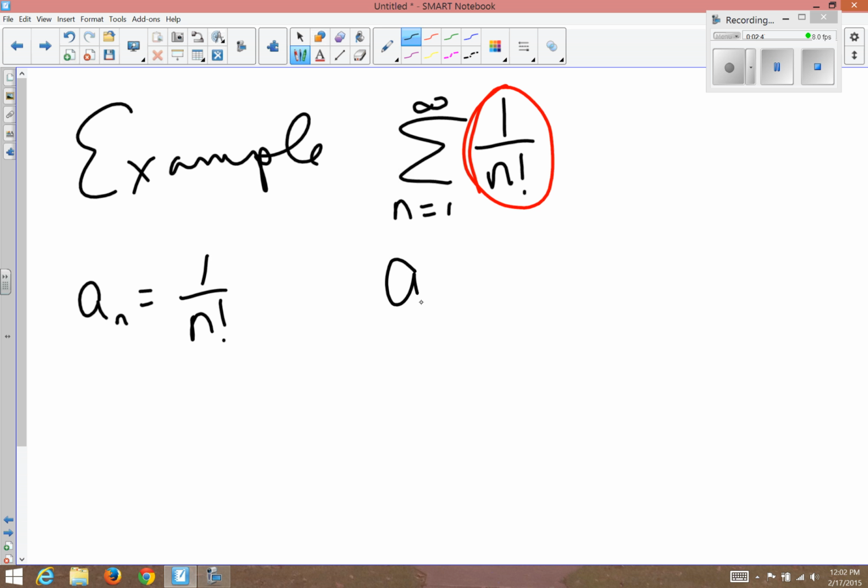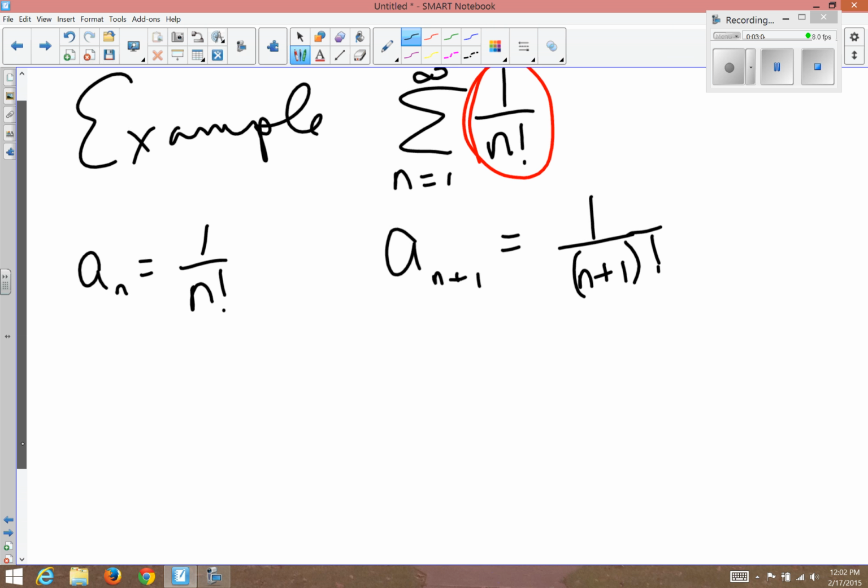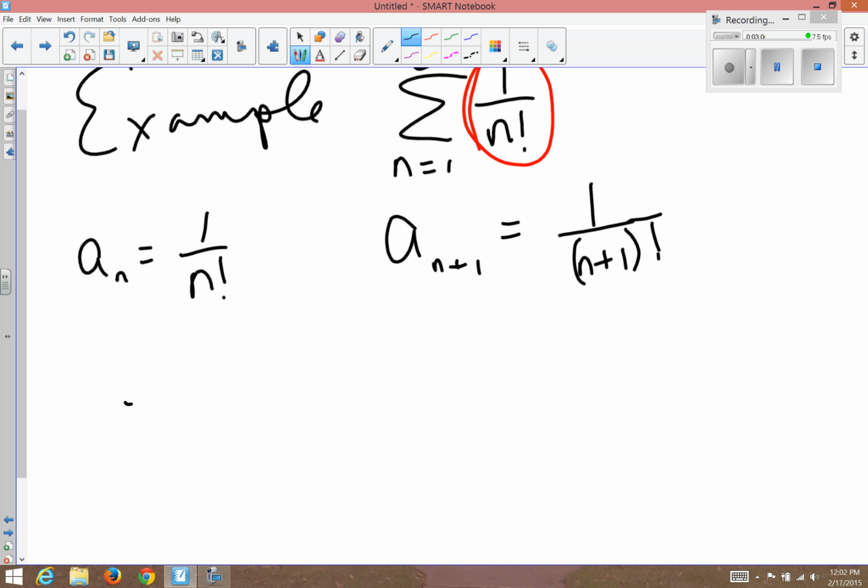And a sub n plus 1 means what I put a red circle around with n plus 1 in place of n. A sub n plus 1 means replace n with n plus 1. To perform the ratio test, we make the limit of the a sub n plus 1, that's the n plus first term, to the a sub n, that's the nth term, as n approaches infinity.